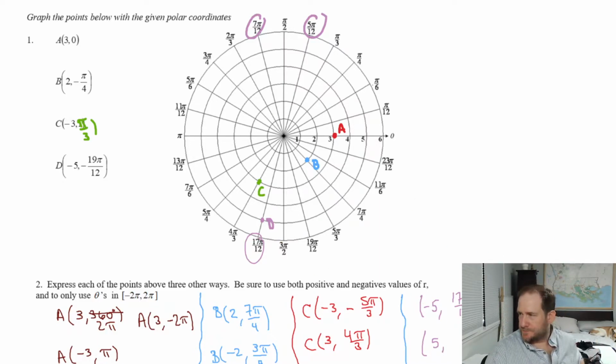Sorry, that's wrong. If we want to be using a negative radius, then we have to use the opposite angle. We want 5π/12 here. And of course I'm figuring that out now because as I change the radius to +5, that's when we want the 17π/12.